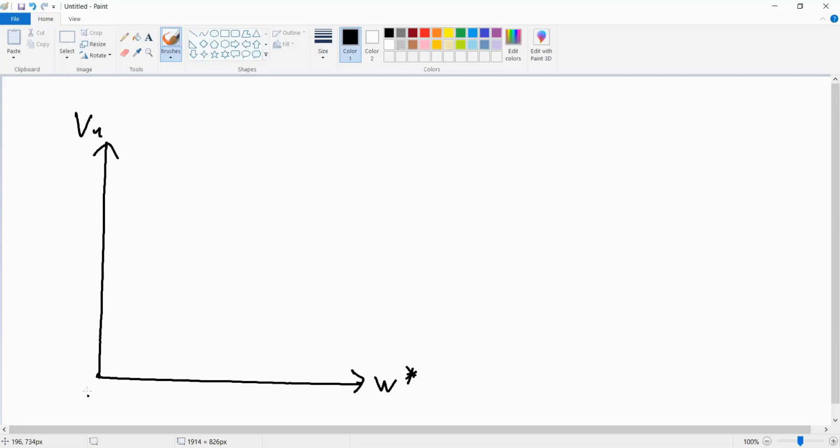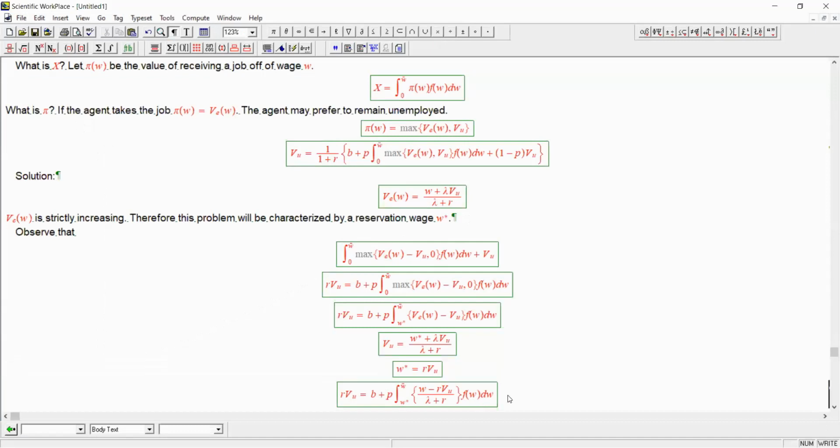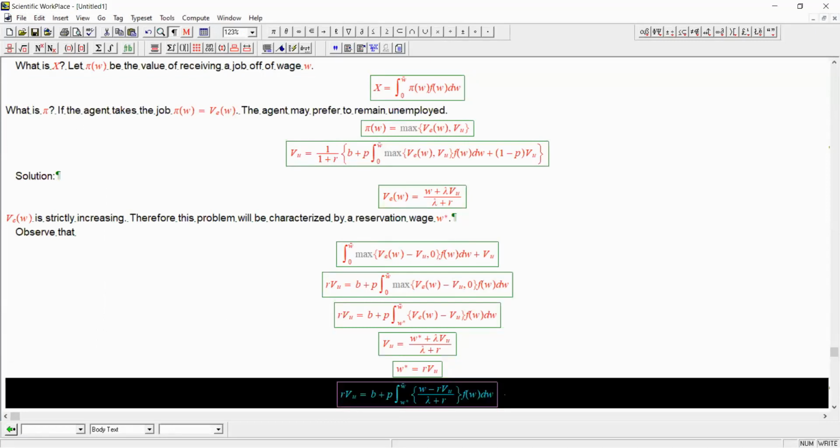And our first equation, do you remember, was the equation W star equals RVU, which of course is a straight line. What about this function? Well, this function has the following shape.